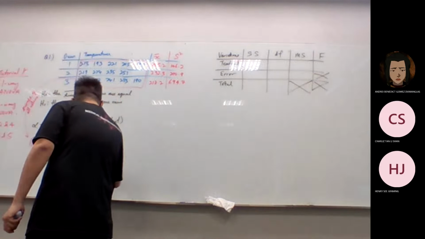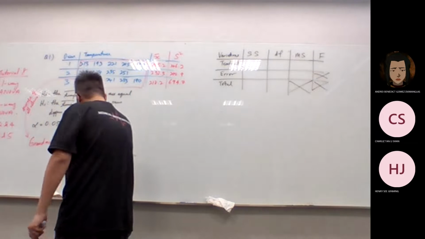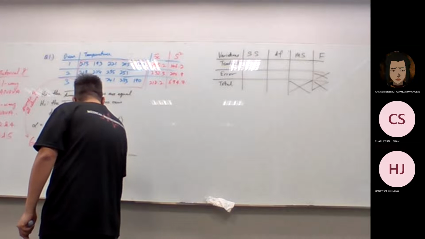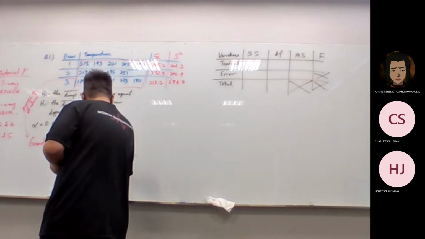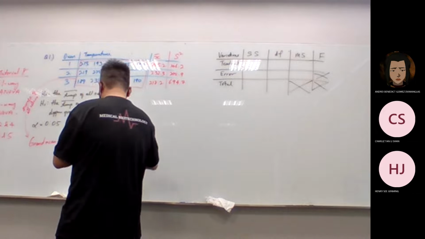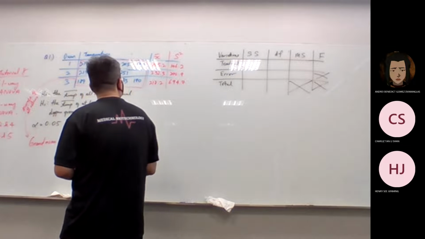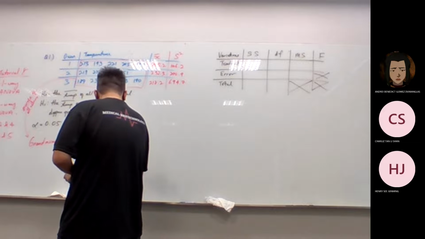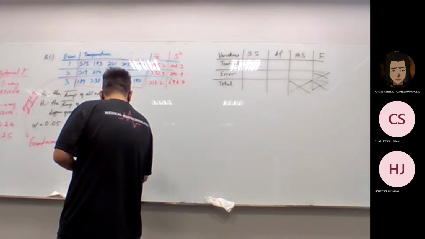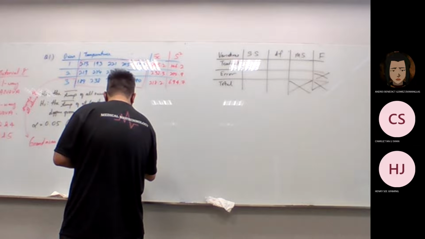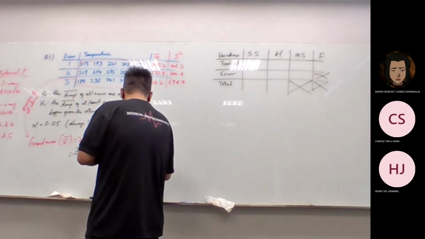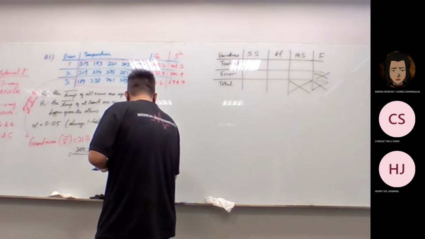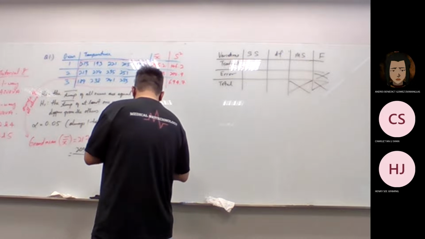Okay, so how to get 217.6? What you really need to do is get the mean, it's actually 205.2 multiplied by 5, plus 232.3 multiplied by 4, plus 218.2 multiplied by 5.